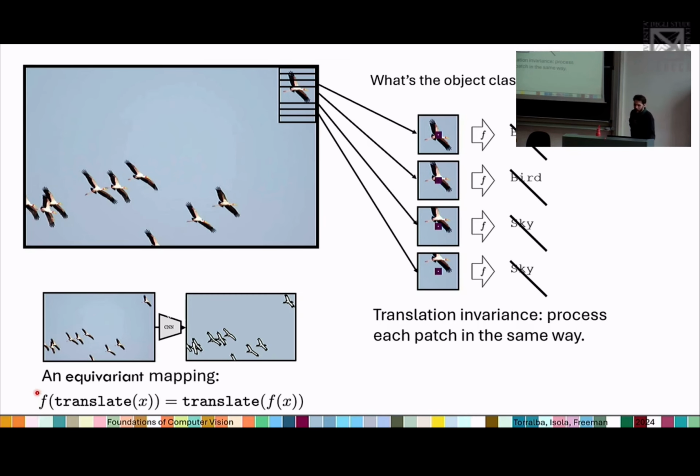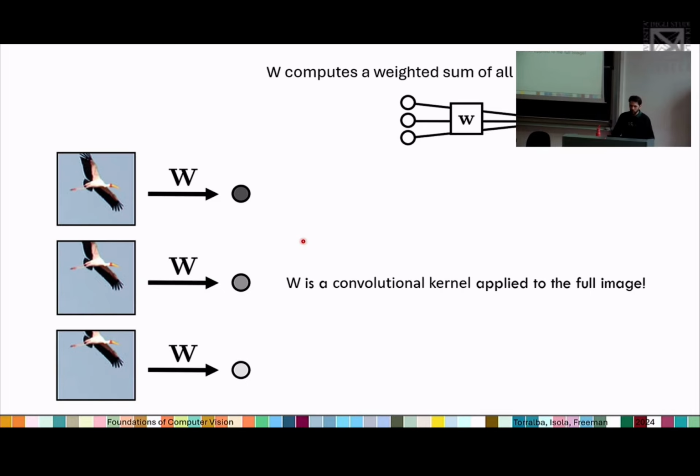You have a function where the output of translating the input is equivalent to translating the output. So basically you take your multi-layer perceptron with its own weights, and apply the same weights to every different patch as you shift the input.